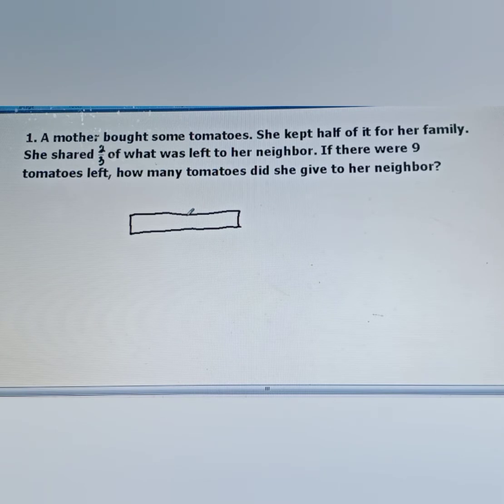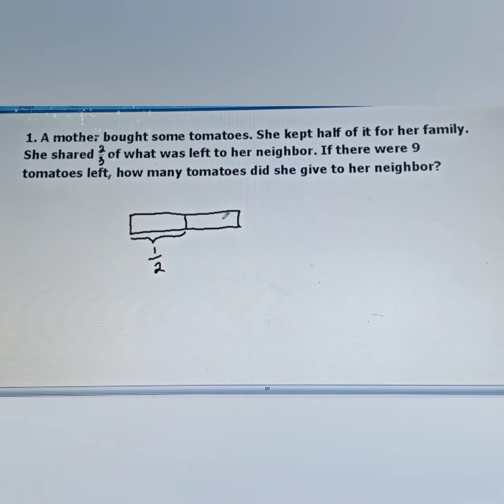So let's divide this into 2. Assuming these two parts are equal, this is the half, correct? This one was kept for the family.